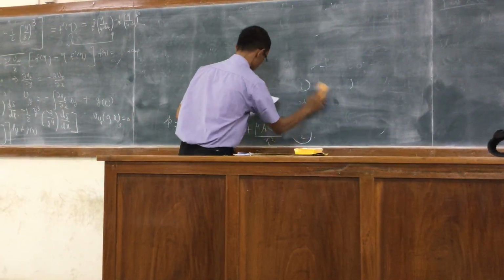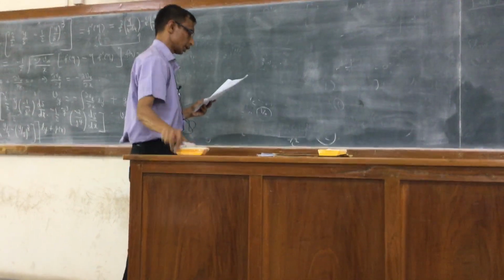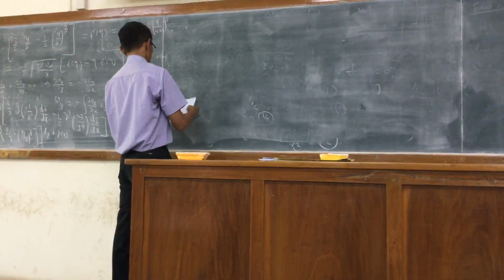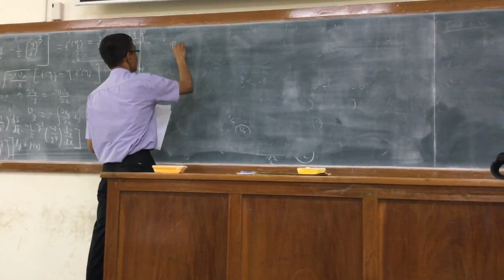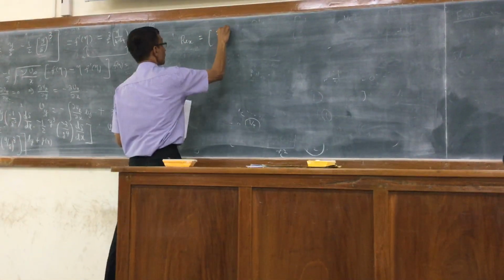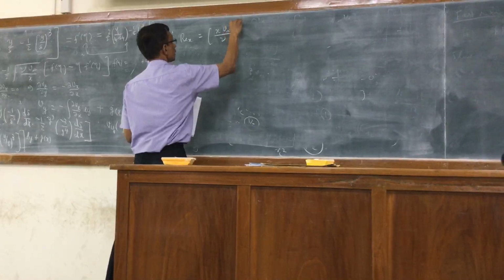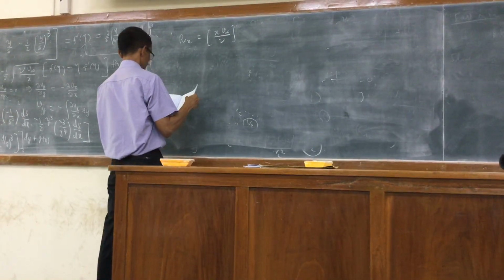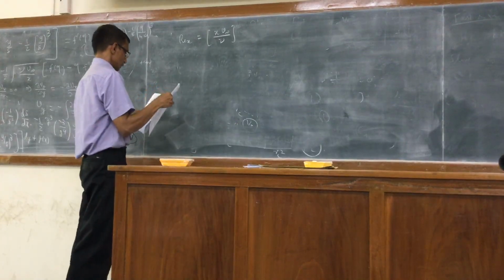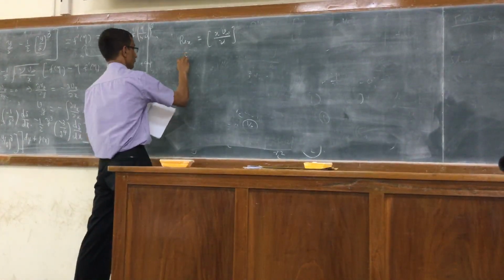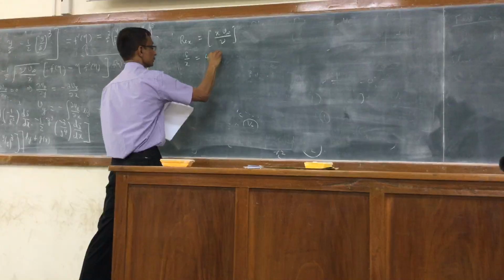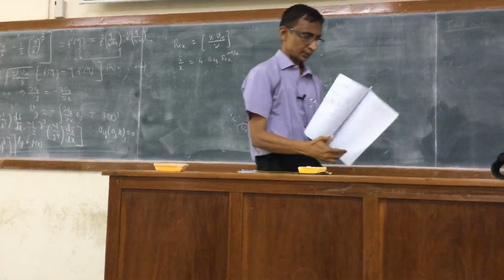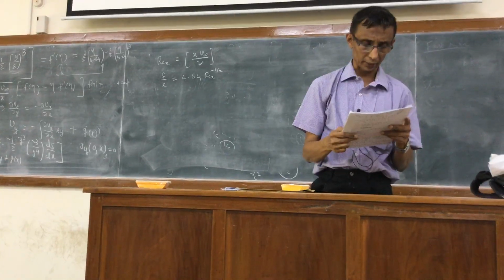For that we need the formula for the Reynolds number, that you already know. So Rex is this, right? And then delta by x is 4.64 Rex to the power minus half. So these expressions are not given, but they were given in the class.